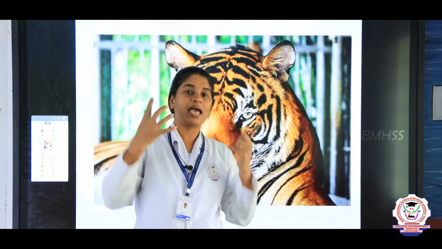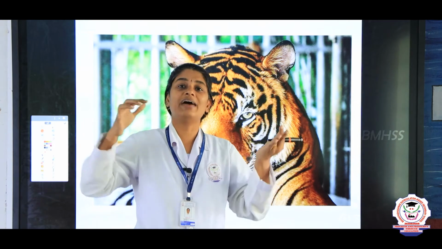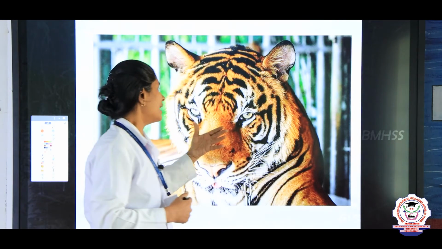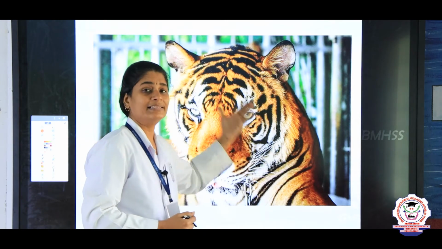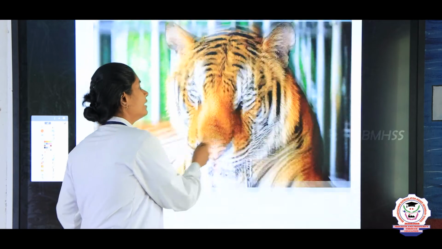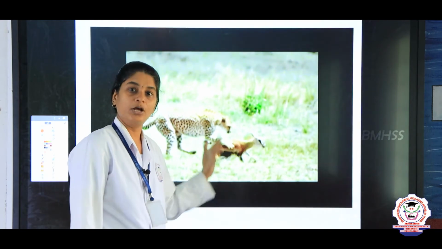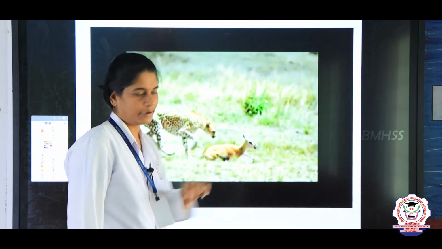At the back they have very broad, strong teeth to chew the flesh properly. These are called flesh eating animals or carnivores. Examples are tiger, lion, cheetah, leopard and crocodile.